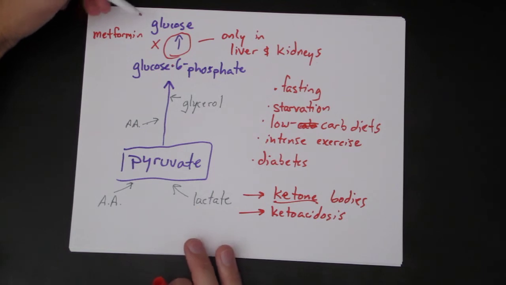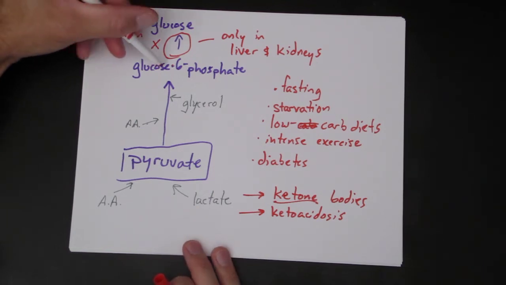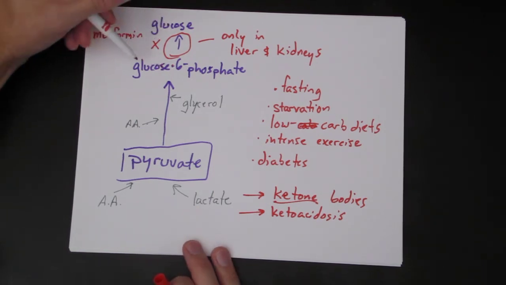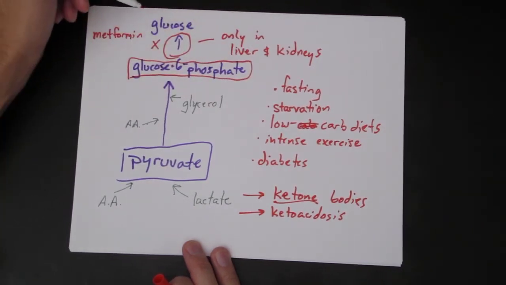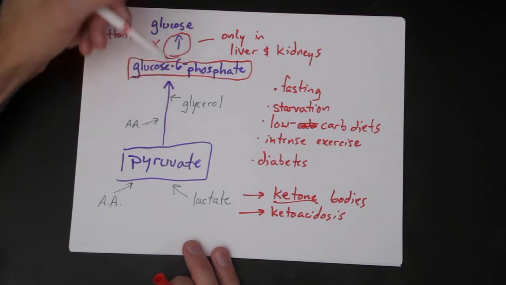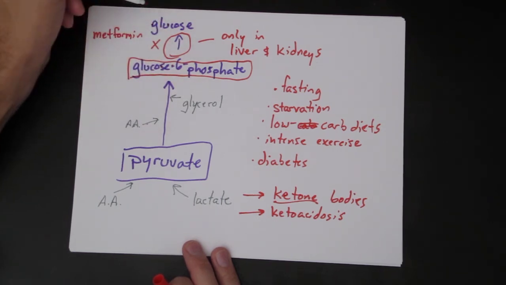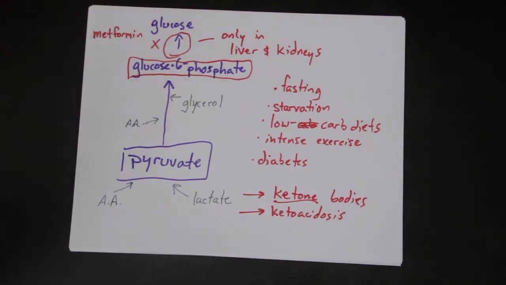And metformin is going to block the conversion of glucose 6-phosphate to glucose. That forces the glucose 6-phosphate to stay in the cell and be metabolized, and it prevents the rise in blood glucose levels, so it helps to control a diabetic's blood glucose level. So kind of some interesting clinical applications of this as well.